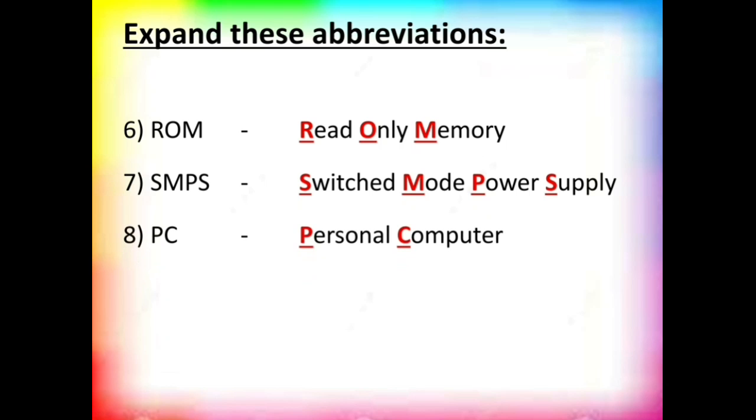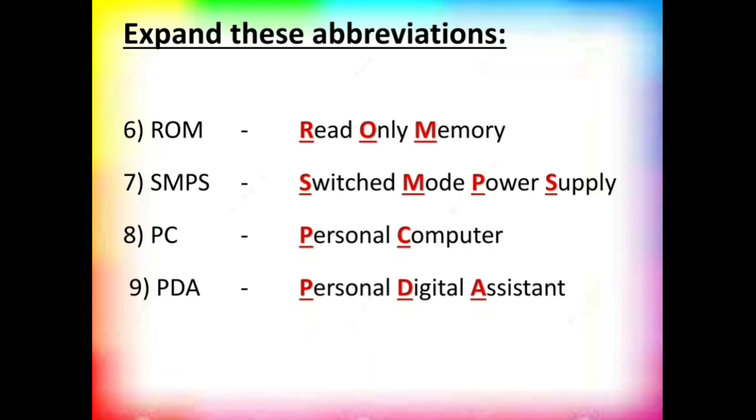The next one is PC, that is personal computer. PC refers personal computer. The next one is PDA, that is personal digital assistant. The next one is OMR, optical mark reader.